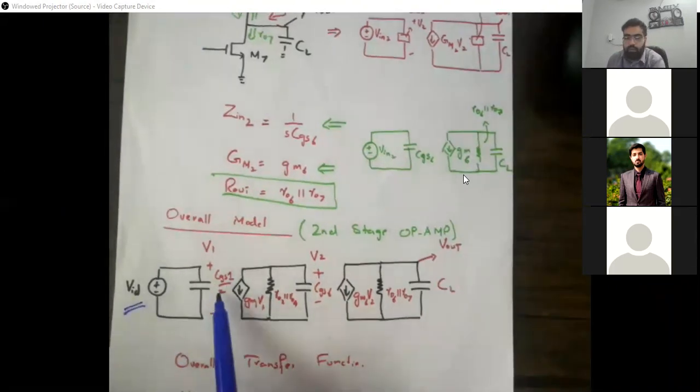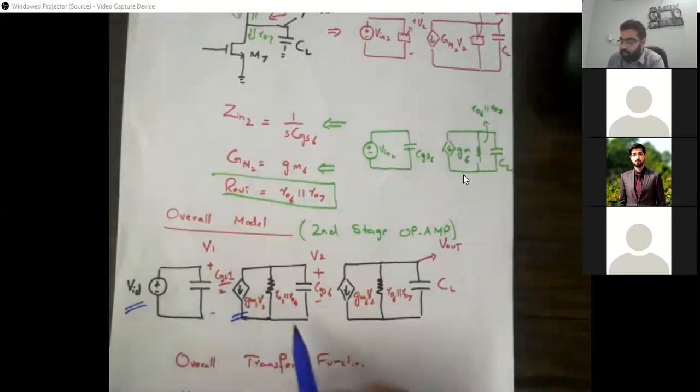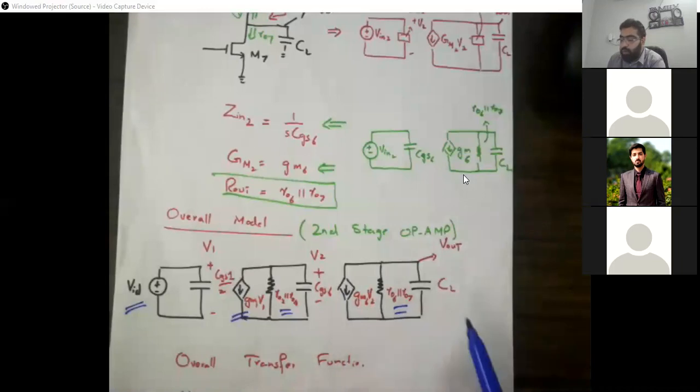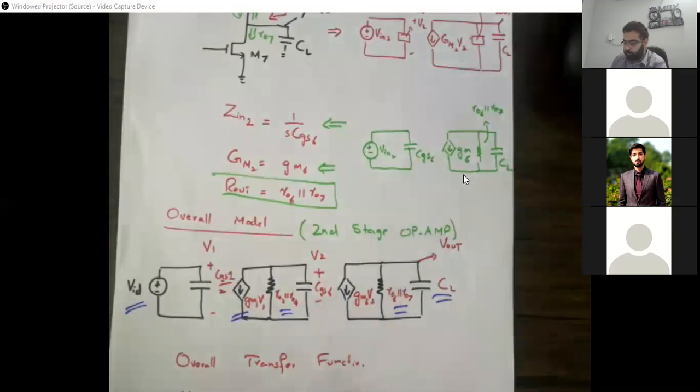VID, input CGS1 by 2, GM1 V1 in parallel with RO2 times RO2 in parallel with RO4, then CGS6, which was VN2; V2 was the potential across this capacitance. So this V2 is going to become a voltage controlled current source, GM6 times V2 in parallel with RO6 in parallel with RO7 and overall in parallel with CL. So voltage will be across this parallel combination.